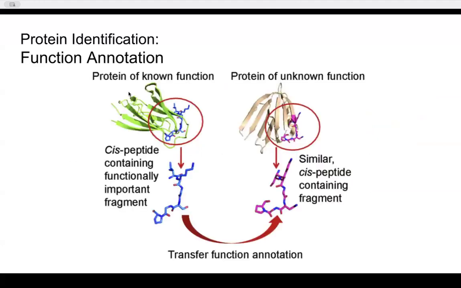Okay. So let's look first at function annotation. So protein sequencing allows researchers to identify proteins based on unique peptide sequences, especially when we're working with complex samples containing multiple proteins.